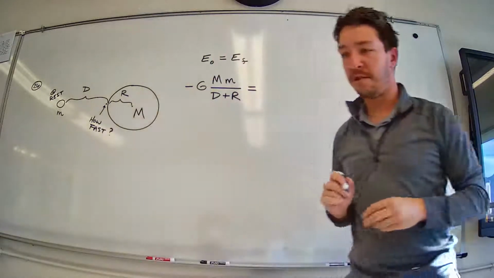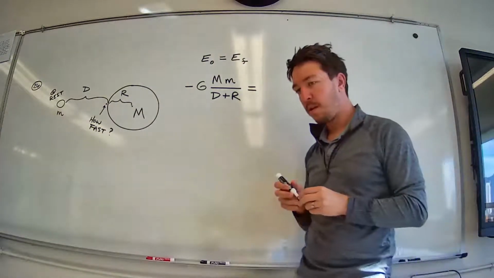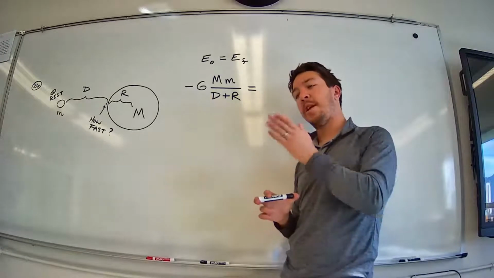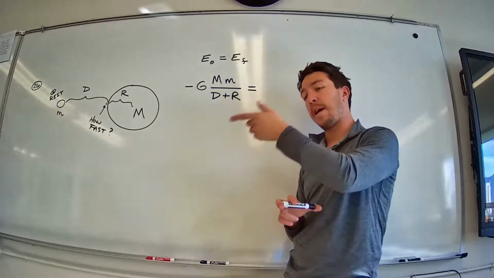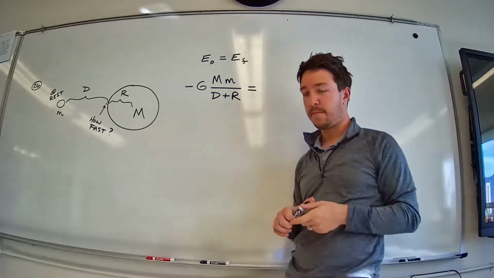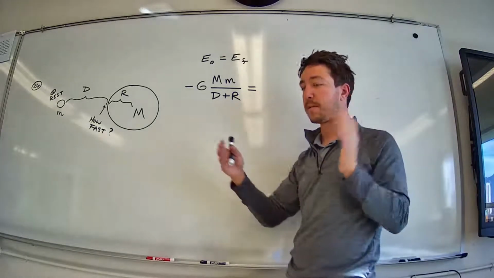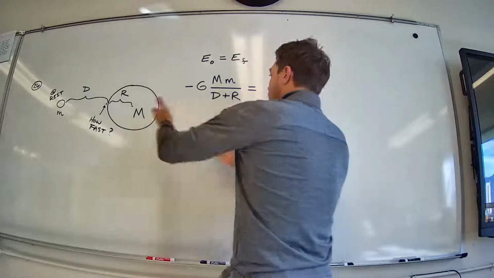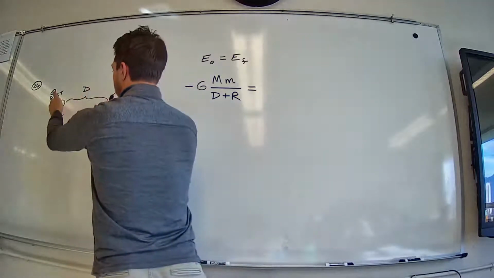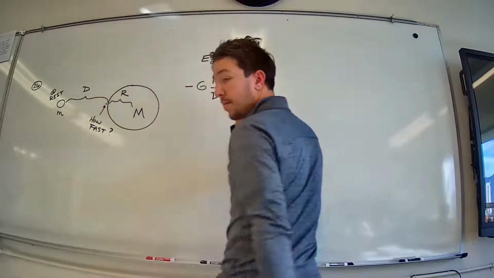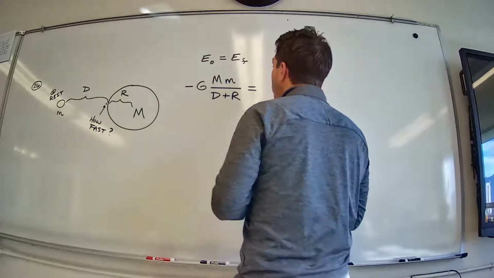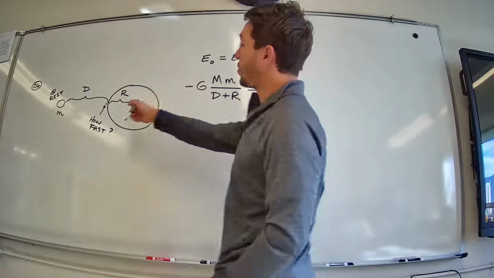Not squared, not for energy. Remember, the force is GMm over r squared. Energy is negative GMm over r. When I say r, I mean the distance. So in this case, it's the surface to rock distance plus the surface to center of mass distance of the planet. And then what's the final energy of the system?